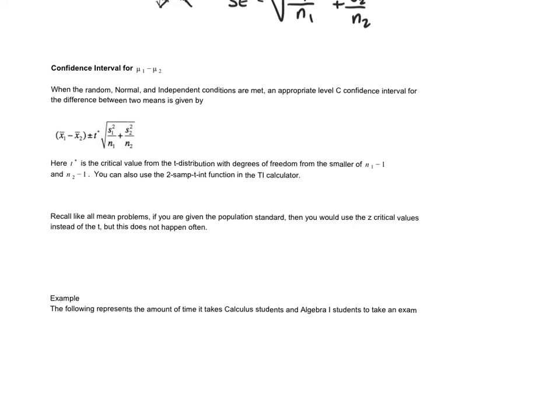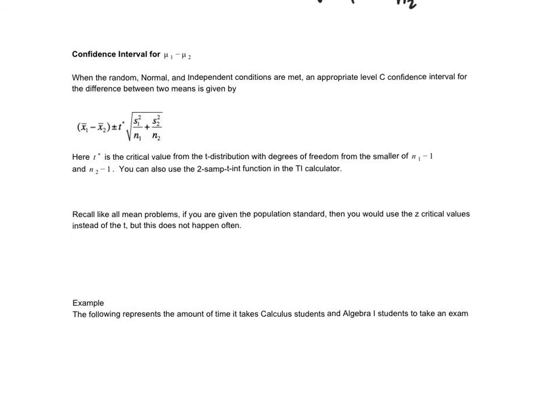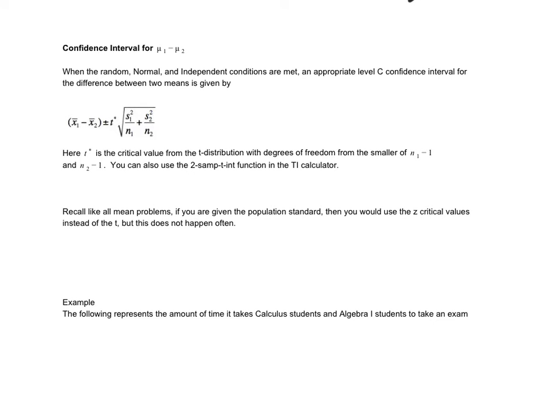Because remember, with means, we typically are looking for t values versus z values. So the formula for a confidence interval of the difference between two means: we subtract the two sample means, plus or minus t star, our critical value, times the standard error formula, which is the square root of the sample standard deviations squared over their sample sizes.